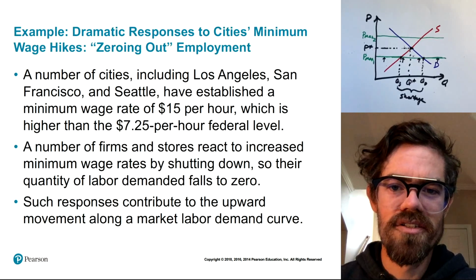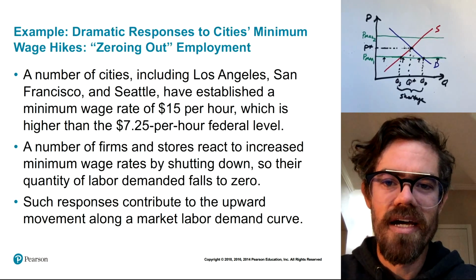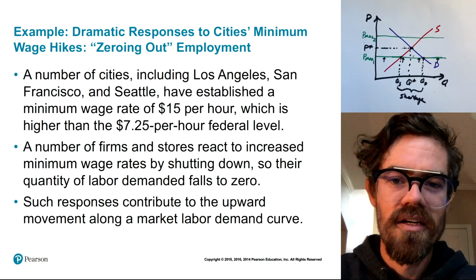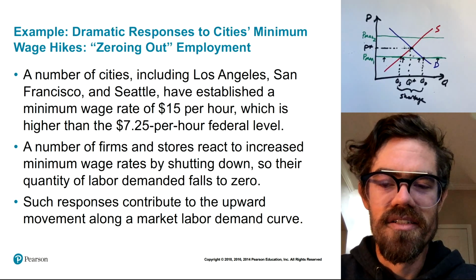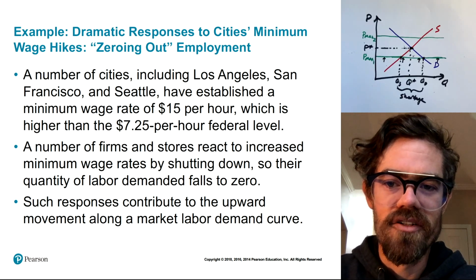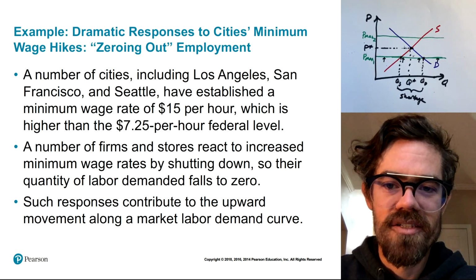Okay, so here's a real life example: dramatic responses to cities' minimum wage hikes, zeroing out employment. A number of cities, including LA, San Francisco, and Seattle, have established a minimum wage rate of $15 per hour, which is higher than the $7.25 per hour federal minimum wage.